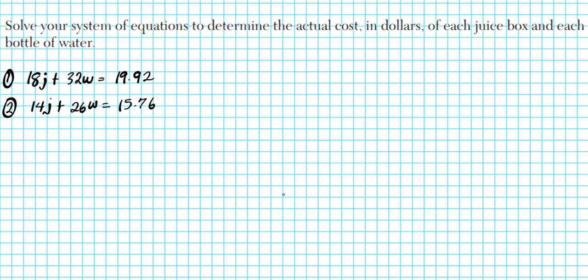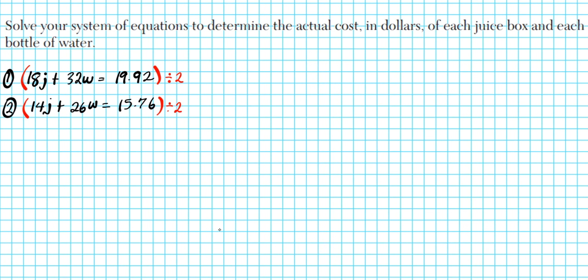Now when you're solving systems of equations, it's always beneficial to reduce if possible. If you take a look at the coefficients of the variables in both equations, you will notice that they have a greatest common factor. In both cases, they have a GCF of 2. So what does that mean? I can divide both equations by 2 to simplify my problem solving process.